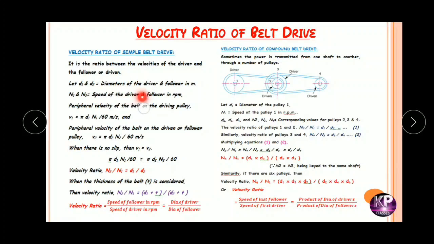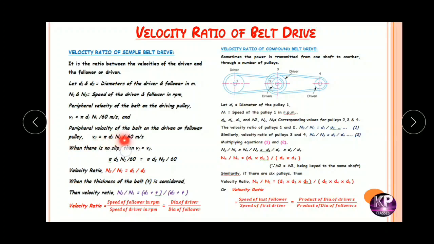Let d1 equal to diameter of the driver and d2 equal to diameter of the follower. n1 equal to speed of the driver in rpm and n2 equal to speed of the follower in rpm. Now peripheral velocity of belt on the driving pulley, that means the velocity at which the driving pulley rotates, v1 equal to pi d1 n1 upon 60 meter per second.